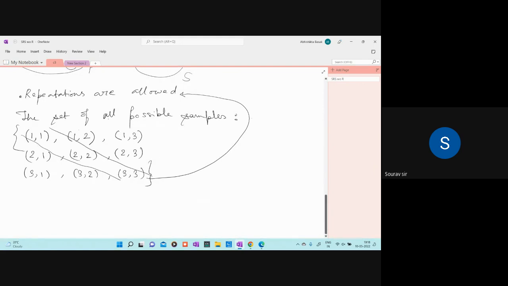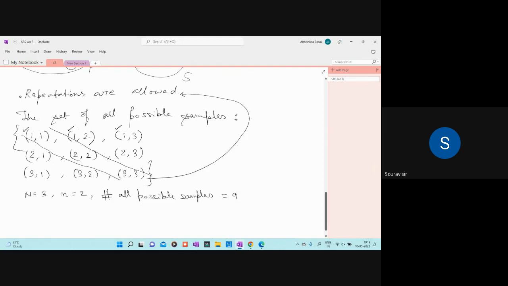We can have any two samples. Either we are going to have this set, or this set, or this set. So this is going to be the probability. In this case my capital N is 3 and small n is 2, and the number of all possible samples is equal to 9.